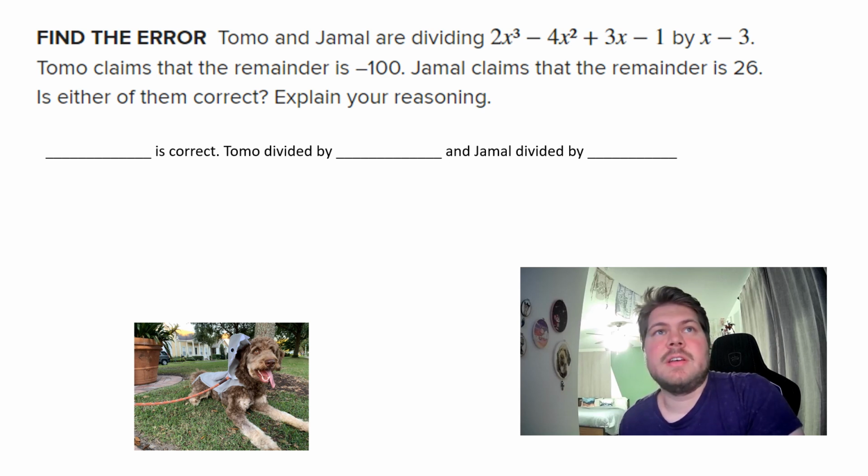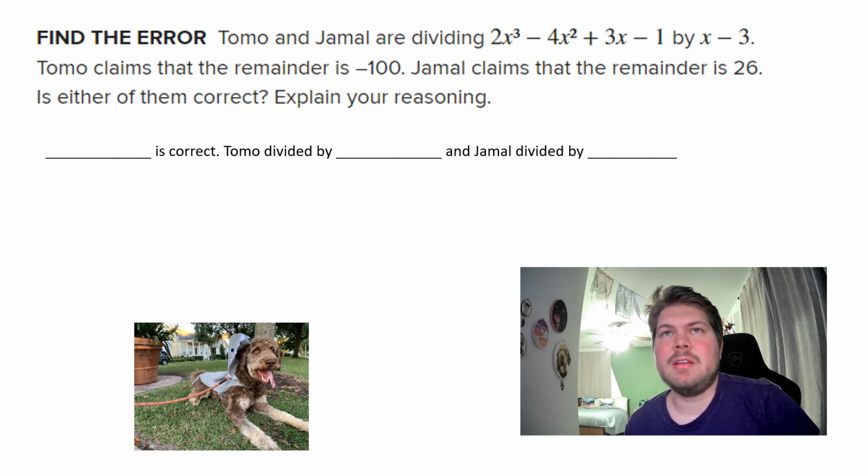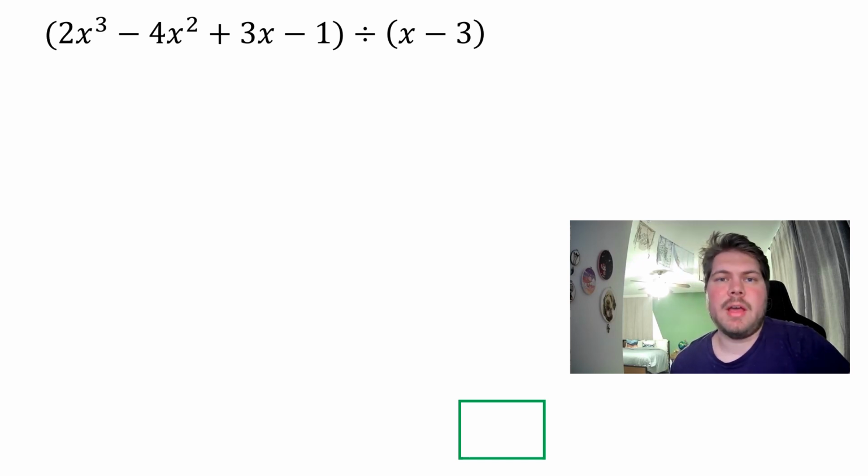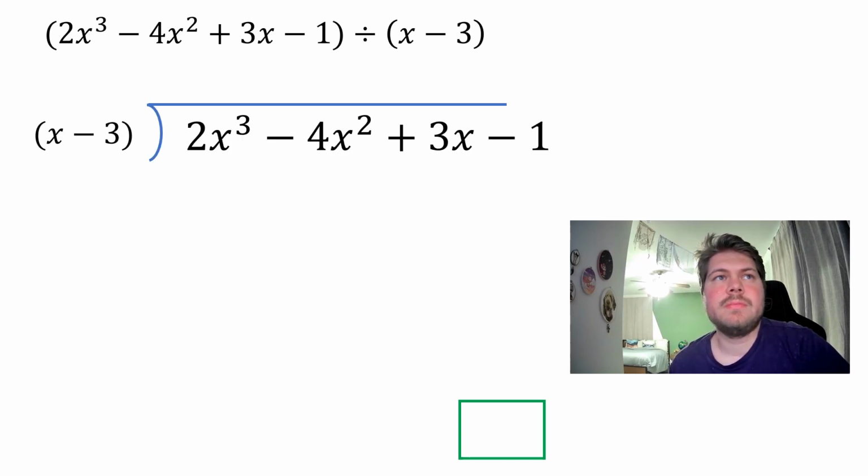All right, so Tomo and Jamal were dividing this number by x minus 3, and one claims that the remainder is negative 100, and Jamal claims that the remainder is 26. Let's see who's right. Let's go ahead and divide it. You could have used synthetic division here if you wanted, but I went ahead and just used long division.